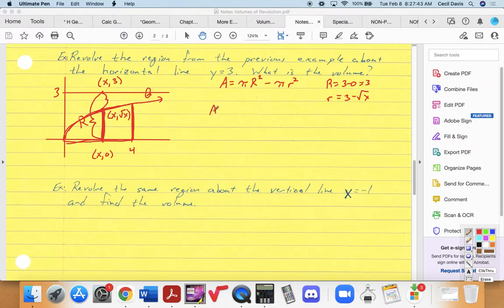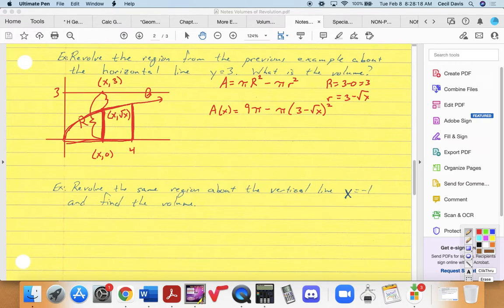So the area in terms of x is going to be, when I square the 3, that'll be 9, so 9 pi minus pi times 3 minus the square root of x squared. Now, this one is doable by hand.